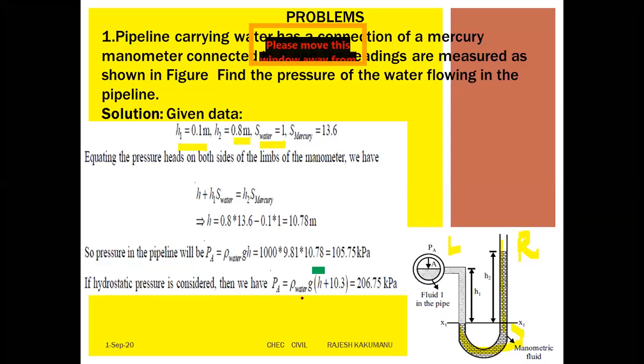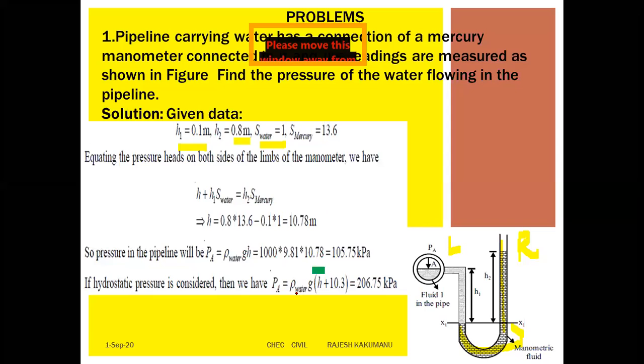Now this is the same formula we took earlier. To find the pressure head, H equals H2 S2 minus H1 S1, which equals 10.78. It has already come. Now how to find the hydrostatic pressure? Just add 10.3 to H, so H plus 10.3. Now PA equals rho of water into g into H, with H plus 10.3. See, in this H place, you have to add H plus 10.3.